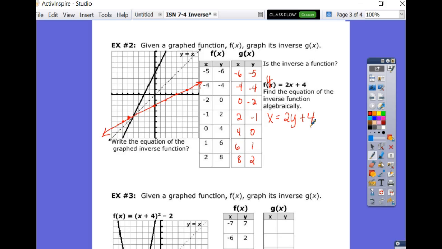So I'm going to subtract 4, and then I want to solve for y. So I'm going to divide by 2. So this is the equation of the inverse function. Inverse the x and the y, and then solve for y.